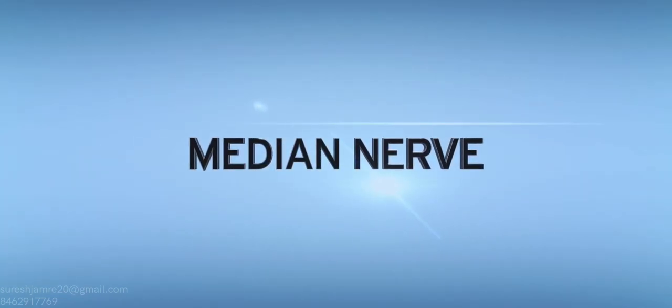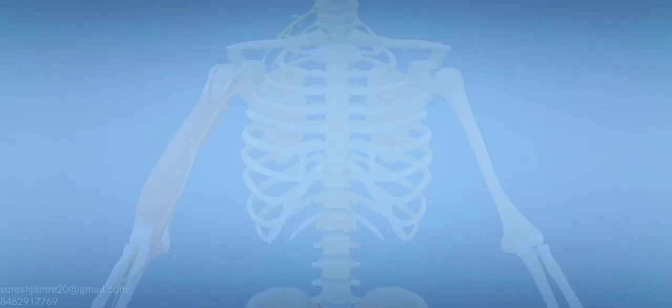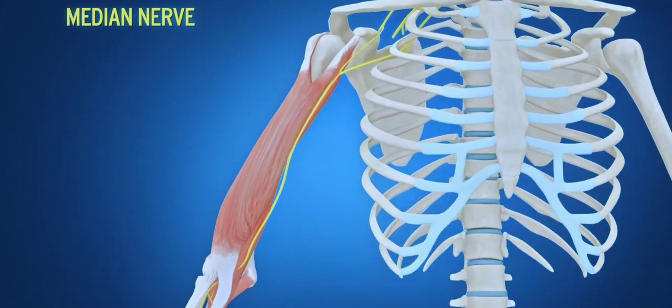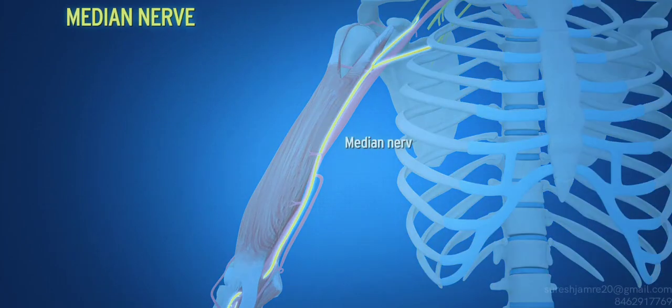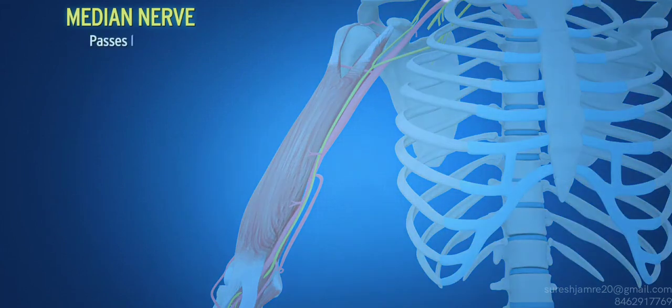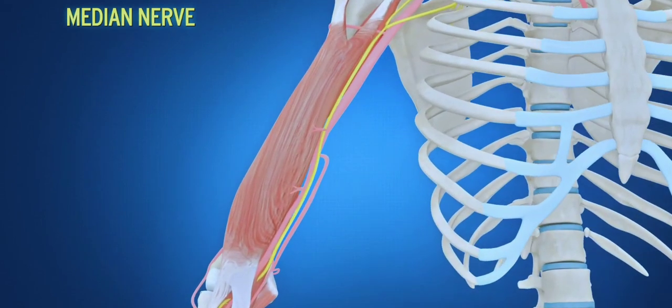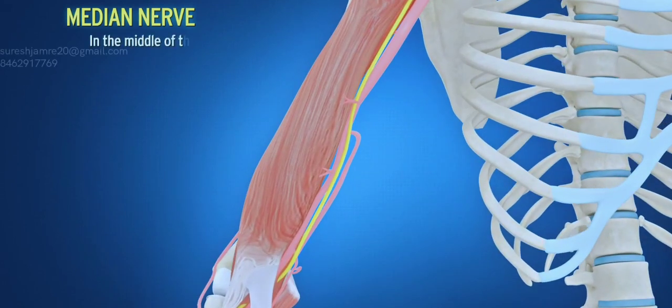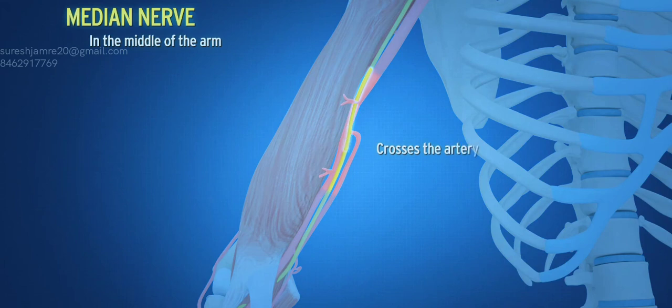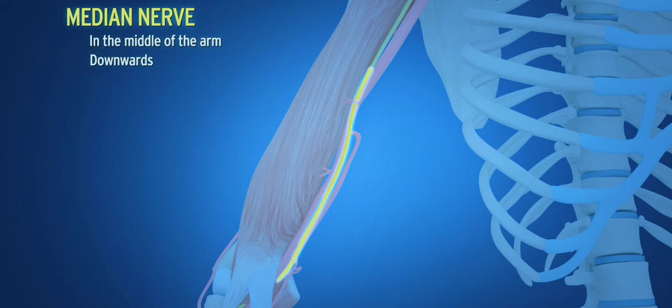Median nerve. Median nerve passes lateral to the brachial artery in the upper part of the arm. In the middle of the arm, it crosses the artery from lateral to medial side and runs downwards towards the elbow.